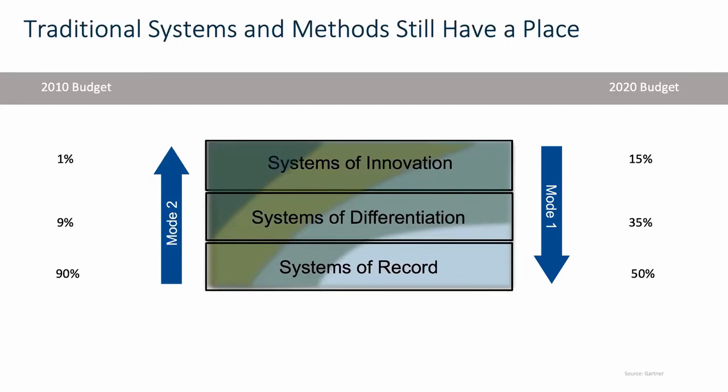I mean, over 90% of budget was being spent on systems of record, traditional delivery methods, versus now and going forward, we'll see a drastic acceleration and change and shifts of budget to spend on systems of innovation, as opposed to systems of record, and even systems of differentiation. So these are little components. So it could be B2B components, it could be B2C components.